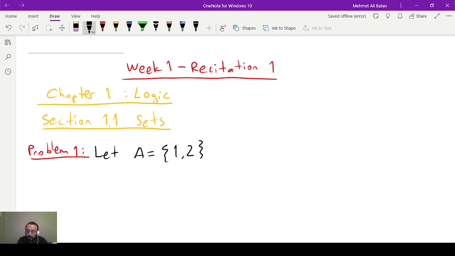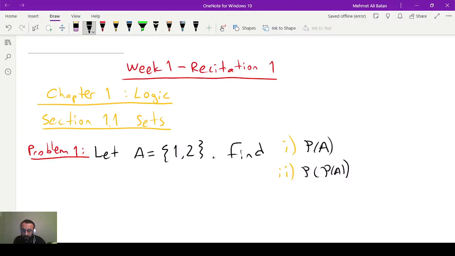Okay. The question is the following. Find, first question, (i), the power set of A. Second question, (ii), the power set of the power set of A.